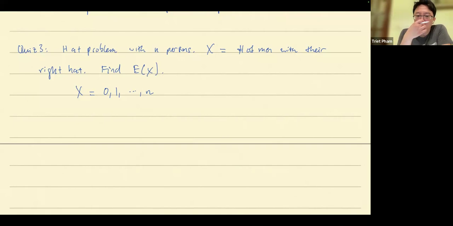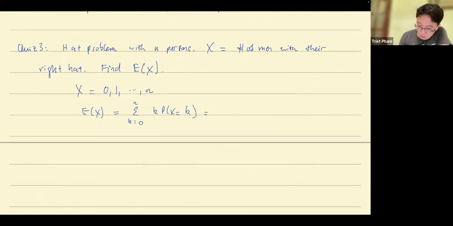So the expectation of X, by definition, is a sum from 0 to n. The question is how easy it is to write down the calculation. First of all, do we know what the probability of X equals k is?